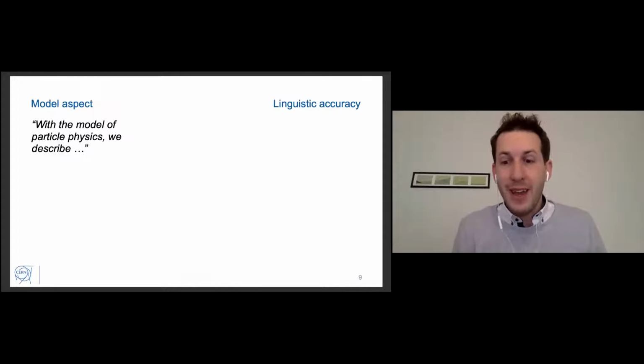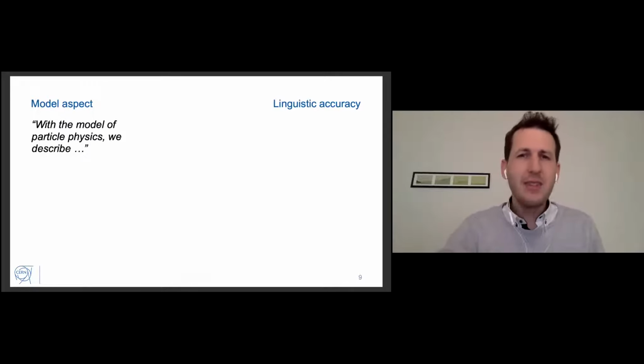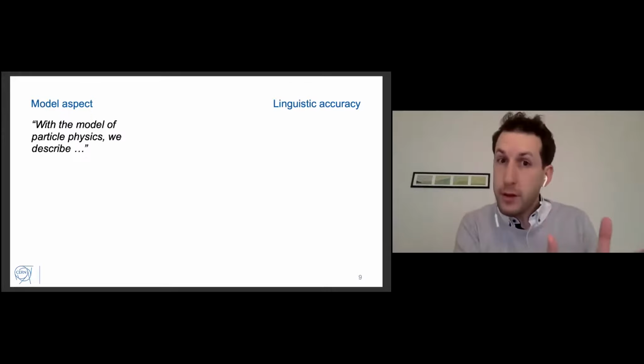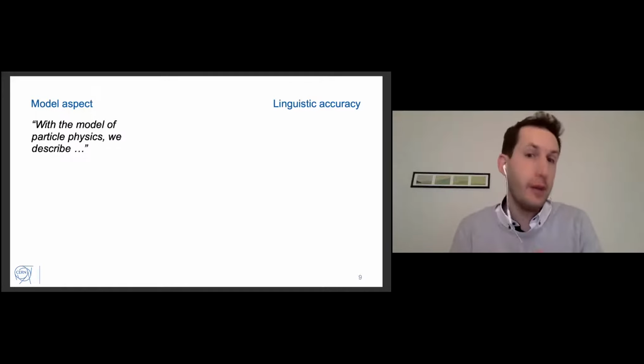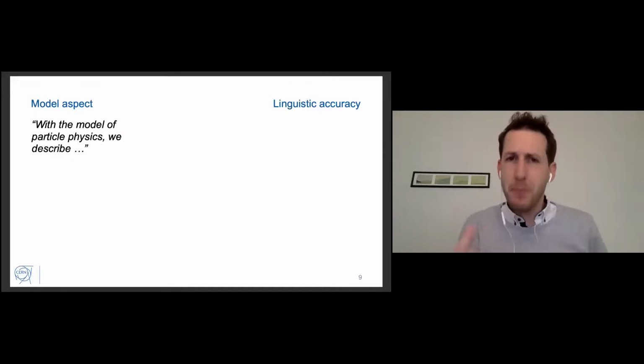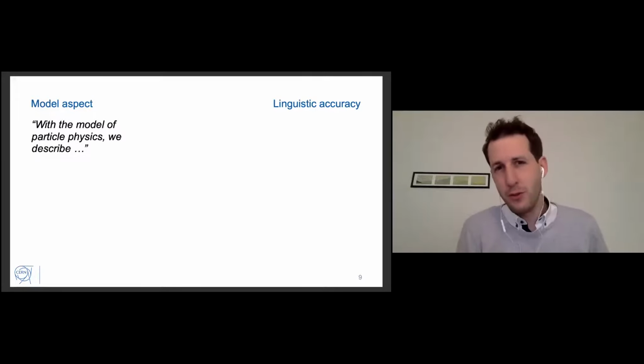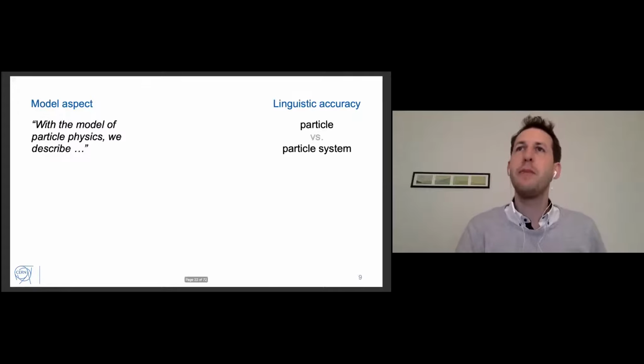We all know that. It's not just in particle physics. It's every time we teach, we as teachers have to think, what do I say and how do I say it? But in particle physics, it's not easy to be precise, because in particle physics, we use some terms that are really confusing to students. So let me show you what I mean.